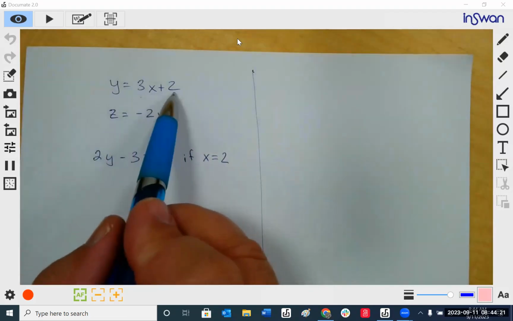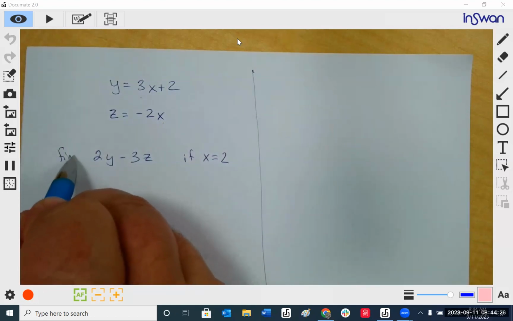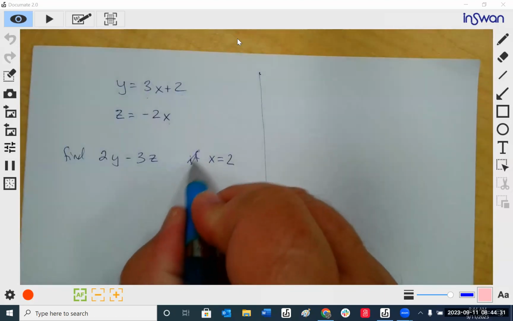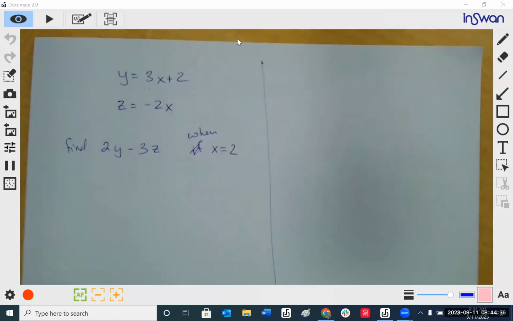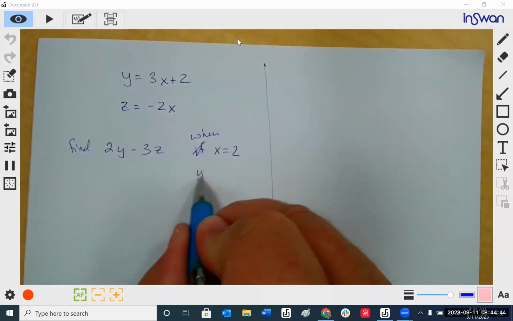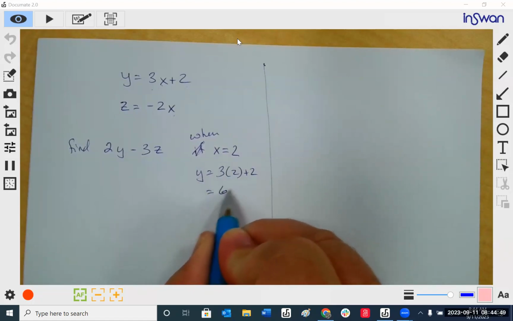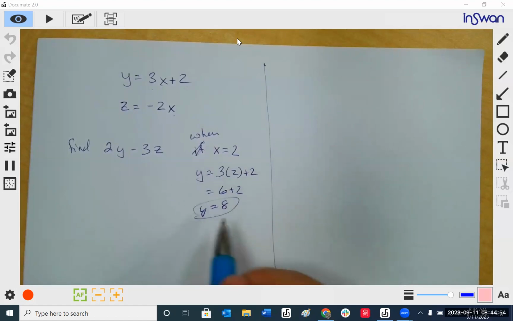So y is equal to 3x plus 2, z is equal to -2x. Find this equation when x equals 2. So what would you have to do? First I'd have to find y equals 3 times 2 plus 2. That's 6 plus 2 equals 8. And then I have to find the other one.